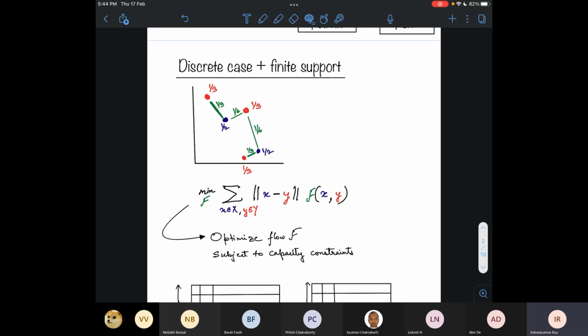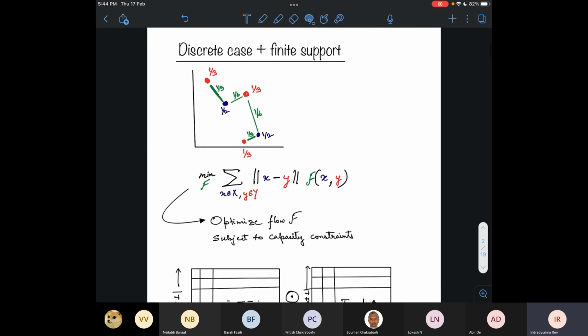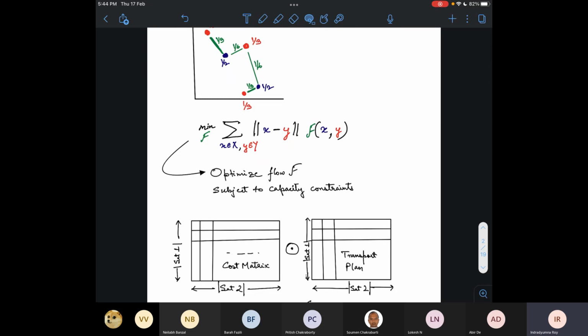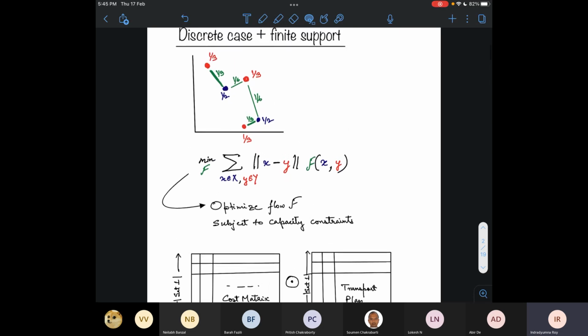So we want to optimize this flow, which is also the same as finding the minimum distribution in the previous formulation. Of course, the planned flow should be subject to capacity constraints. Let's say the red points are the destination points. So the total flow going into the red points cannot exceed the capacity of the red point.